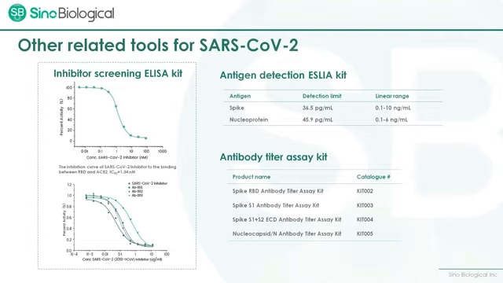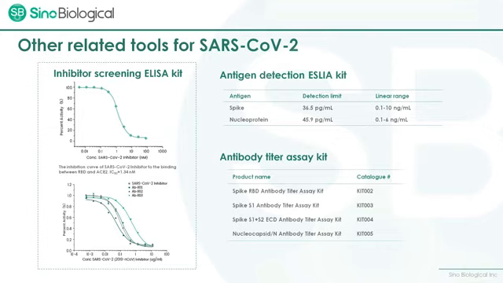So we did a lot of combinations and assembled several kits for different areas of application. The left chart shows an inhibitor screening kit. This kit is used for screening antibody inhibitors, for selecting the neutralization antibodies.